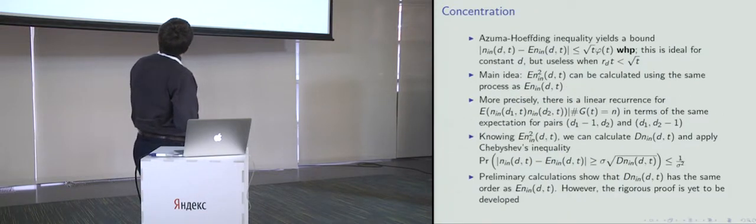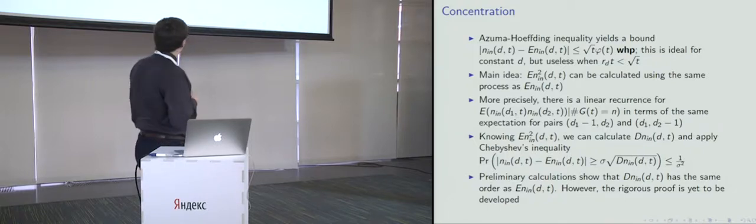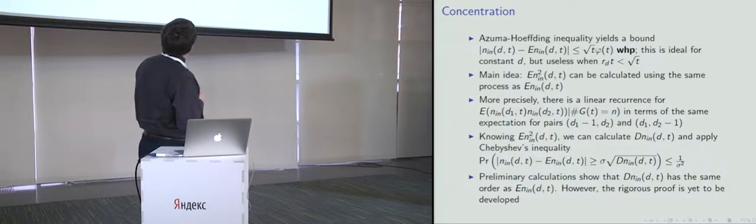For the concentration, there can be several approaches. The simplest approach, with a minimal number of calculations, is the Azuma-Hoeffding inequality, but it gives a good bound only when d is quite small.